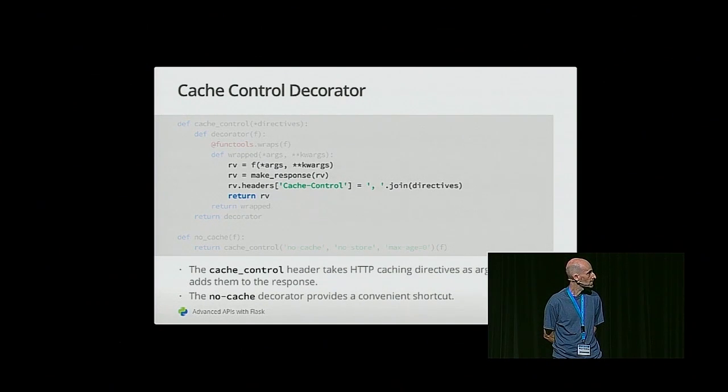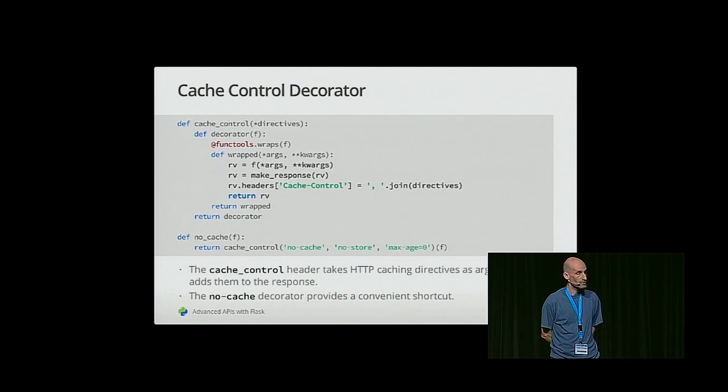I just make a response object from the response returned by the original function, and then add the cache control. And then for the no cache specifically, you can see that at the bottom. I just create an instance of the other decorator with the specifics. Those three directives that mean do not cache this.